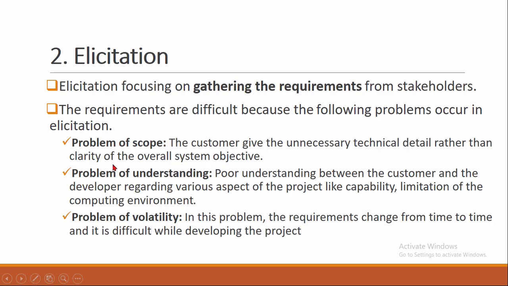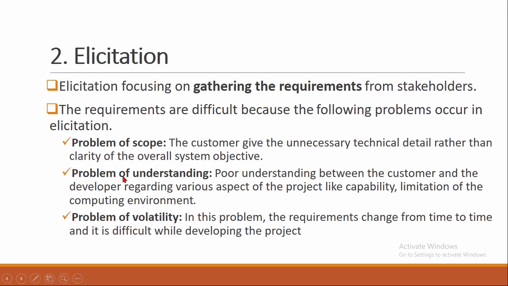So you can see here elicitation has 3 major problems, that is problem of scope, problem of understanding and problem of volatility. So first is the problem of scope, where the customer provides unnecessary technical details instead of system goals.